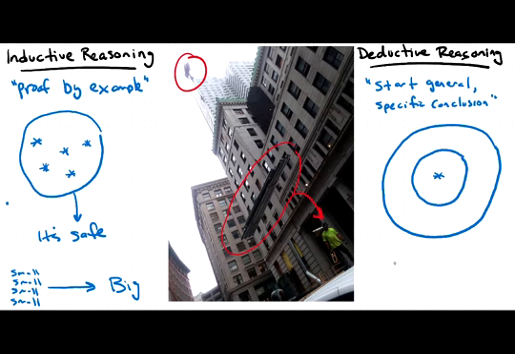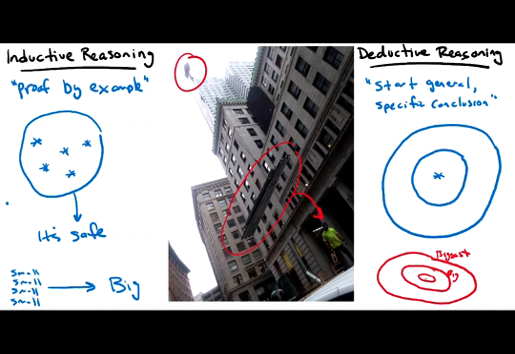And with deductive reasoning, let me switch to red here. With deductive reasoning, you start with a general assumption, and then a more specific assumption, and maybe a more specific assumption. There's no number of layers that it has to be.